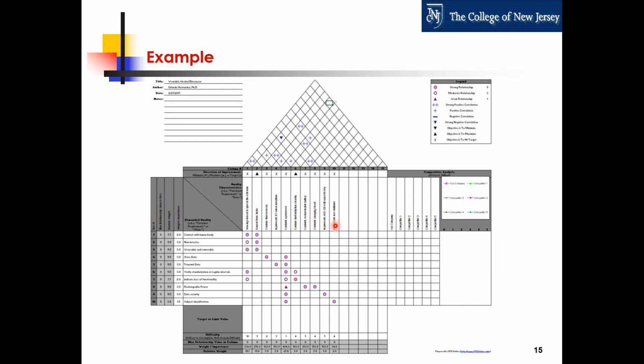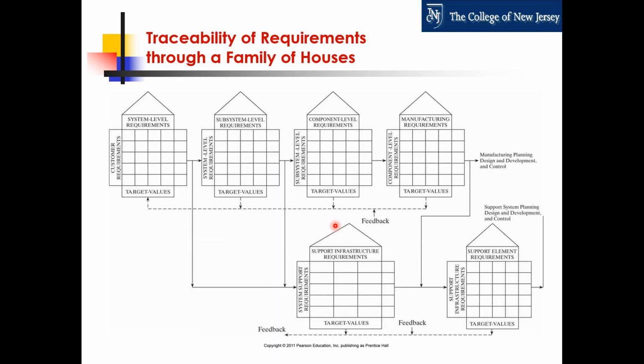Now, this exercise of the house of quality has to be done recursively at all levels of the system until you traverse the hierarchy that you have set up for yourself, the subsystem level, until you get down to components. You don't have to do it for components, but you have to do it for subsystems. Each combination of address need and design response can be addressed by a subsystem.